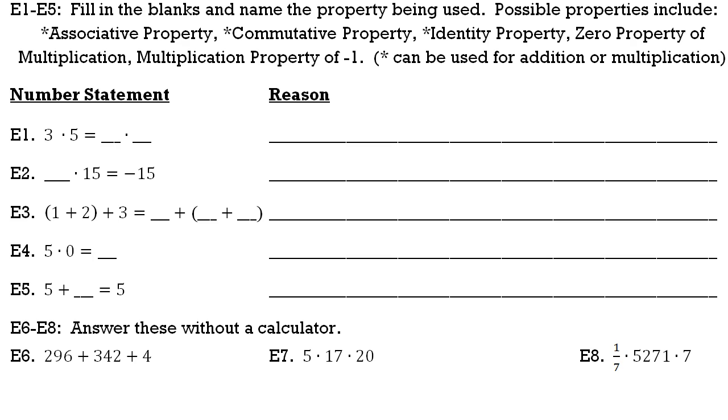All right. So we look first at 3 times 5, and we want it to equal something times something. Now, if we want to demonstrate a property, 3 times 5 is 15, and I would say 5 times 3 is also 15. That seems like it makes pretty good sense.